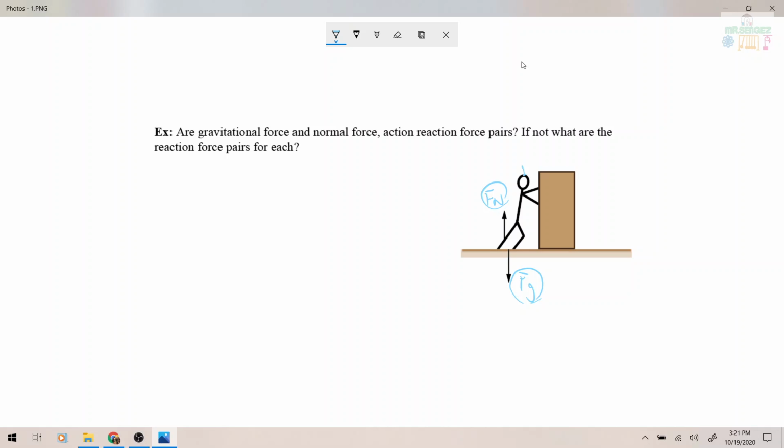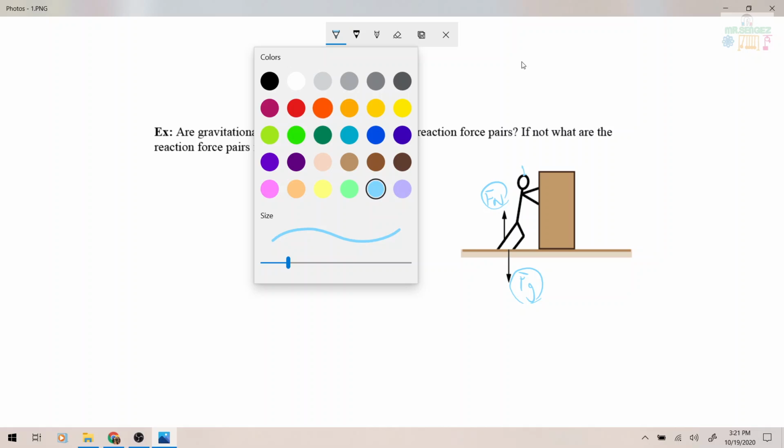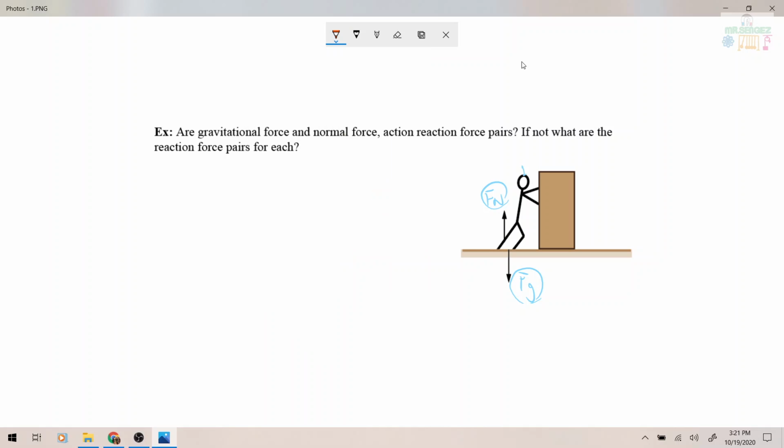Then the actual question is, what are the action-reaction pairs of that normal force and that gravitational force? To figure that out, you need to look at the source. Where are they coming from? What is the reason for that normal force? The reason for the normal force is the surface.